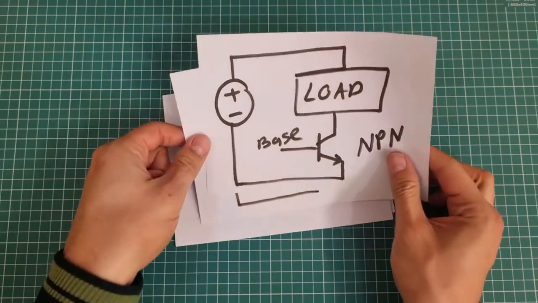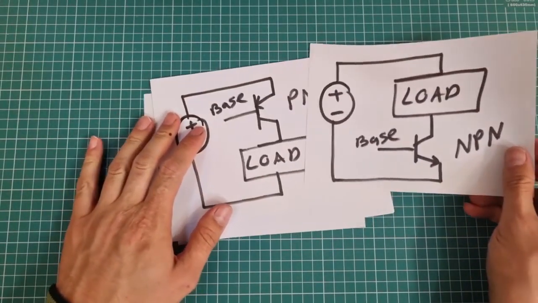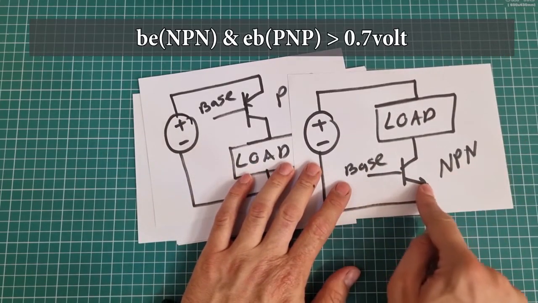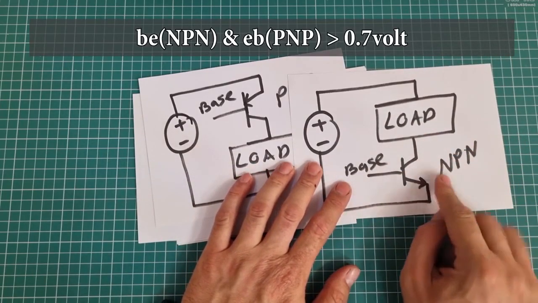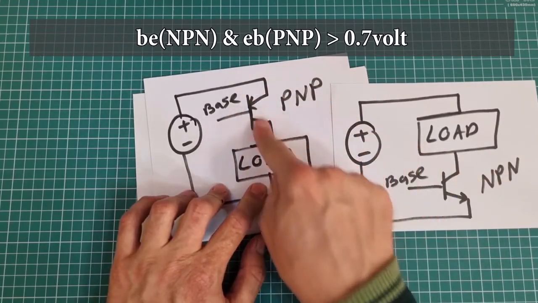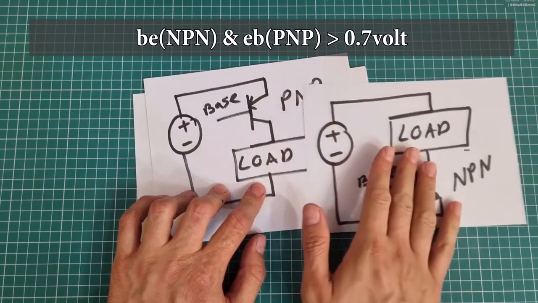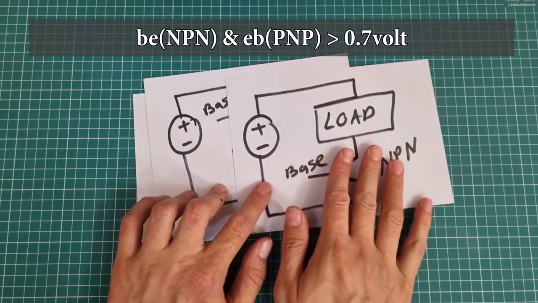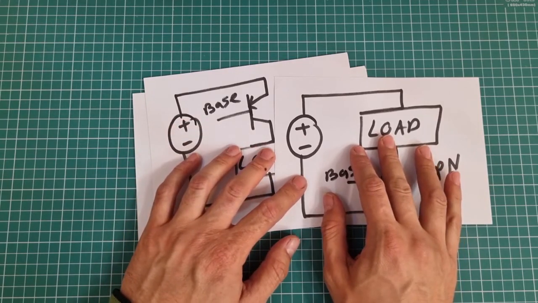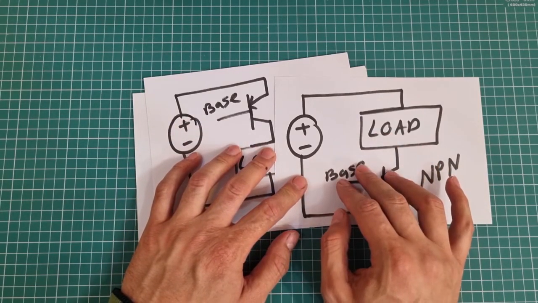According to our basic knowledge about BJT transistors, base emitter voltage in NPN transistors and emitter base voltage in PNP transistors must be more than 0.7 volts to turn the transistor on and take it into forward active or saturation modes.